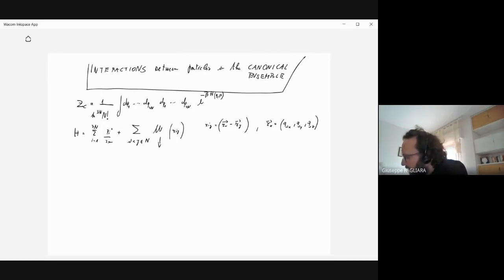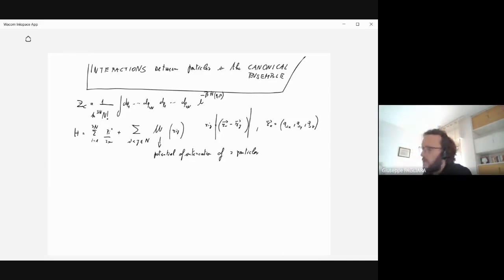So this is a potential of interaction between particles, in particular two particles, because this potential depends on rij, which is the modulus, the absolute value, of ri minus rj.